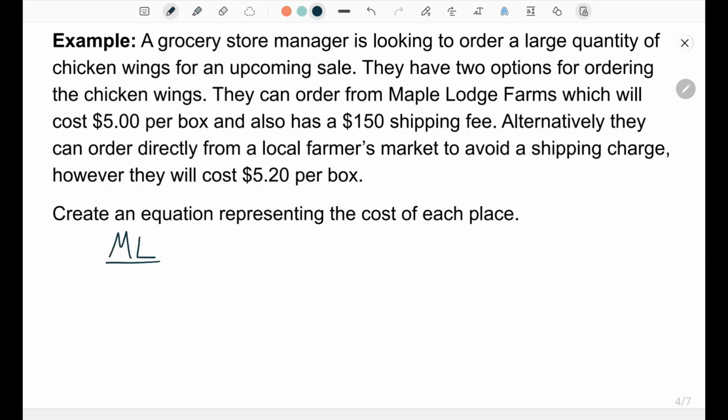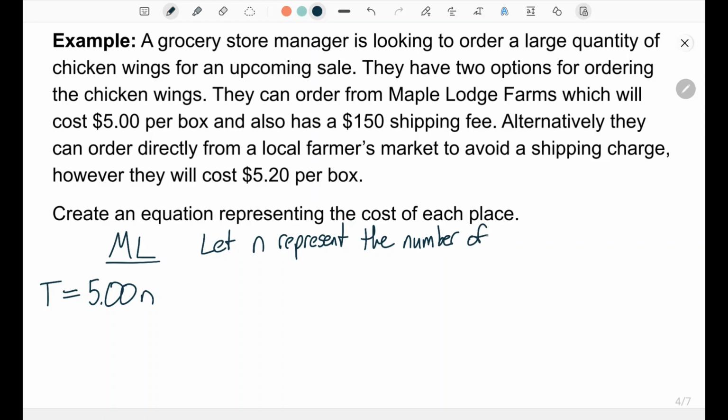So for Maple Lodge, what's a general equation that represents the total cost? We know it's $5 times the number of boxes. So I'll just write this at the top: let n represent the number of boxes.